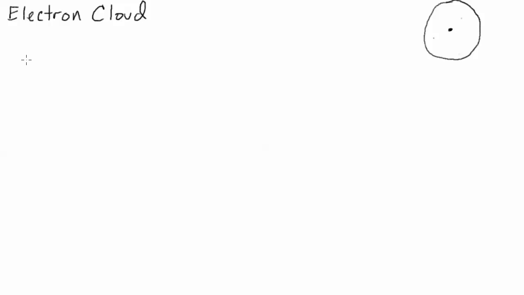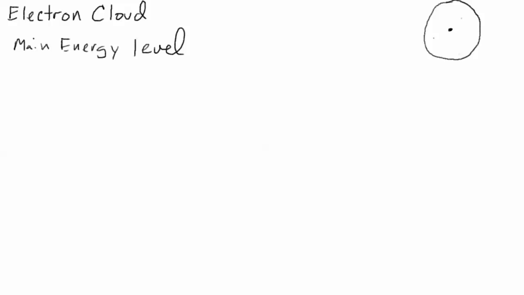There are basically three components to every orbital that's in an atom's electron cloud. The first one is called the main energy level. Now, the main energy level, as far as we know, ranges from 1 to 7.